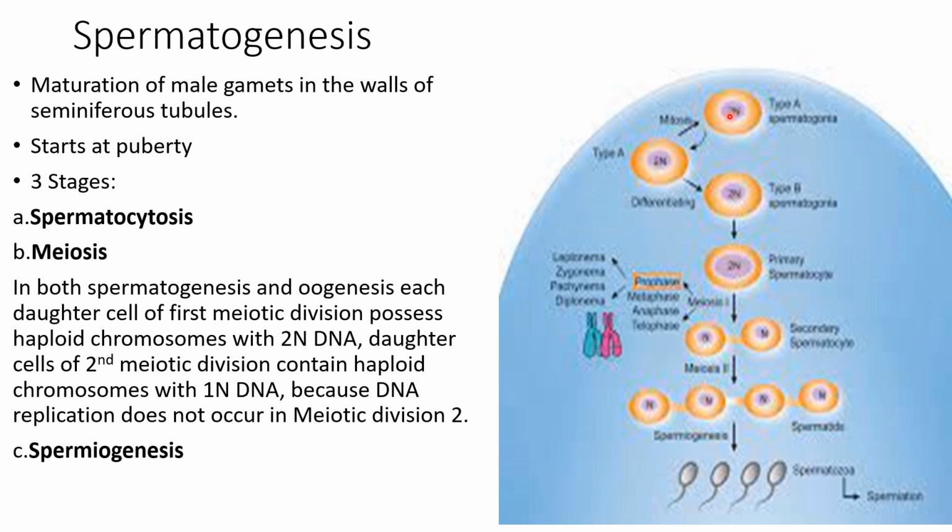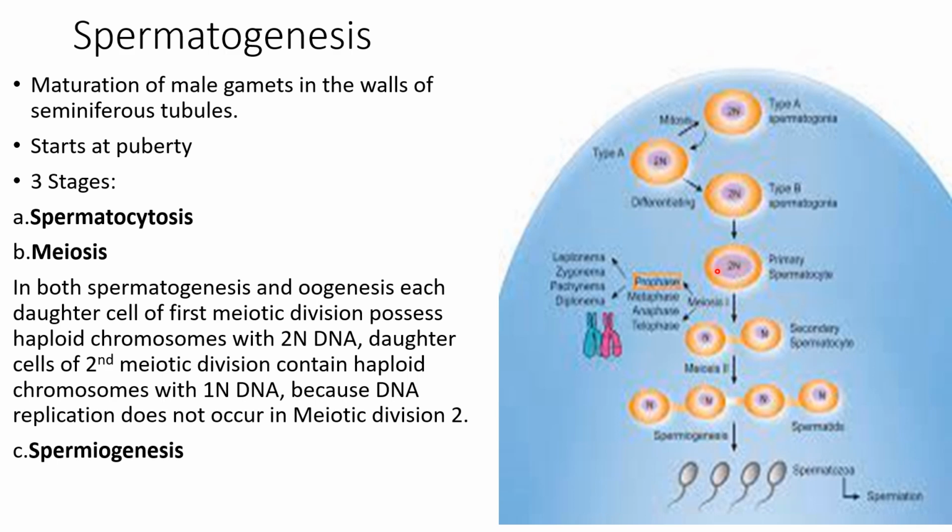The dark type A spermatogonia are a reservoir, whereas the light type A spermatogonia will further divide mitotically and give rise to type B spermatogonia. These type B spermatogonia will undergo mitotic division.